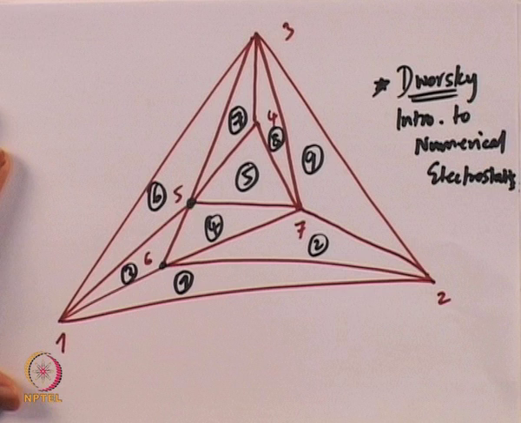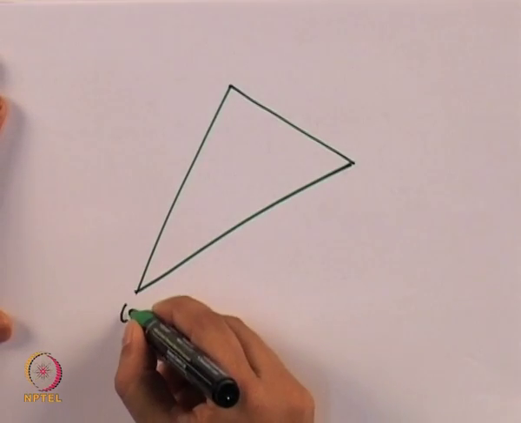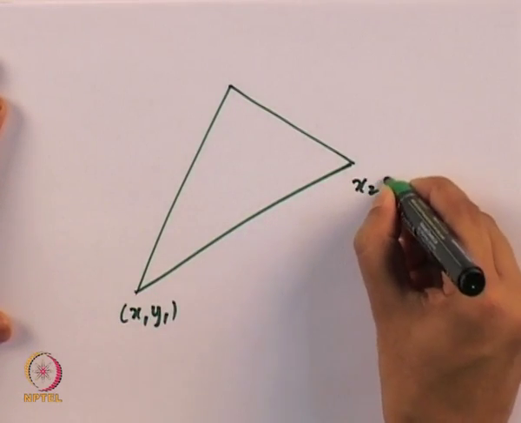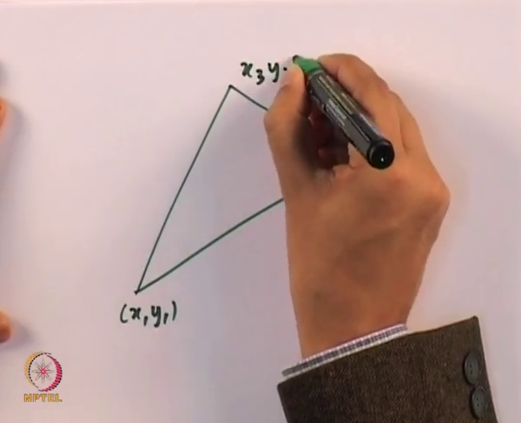If you have a triangle given by certain 3 coordinates, so we will take a triangle with x1, y1, then x2, y2, and x3, y3.